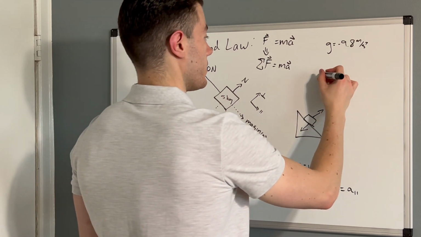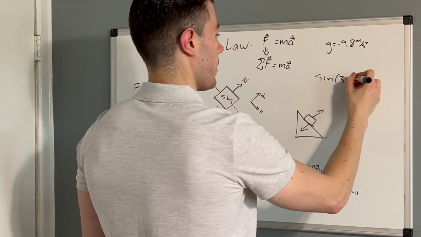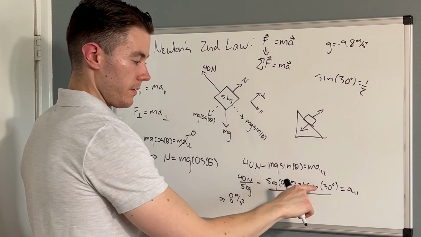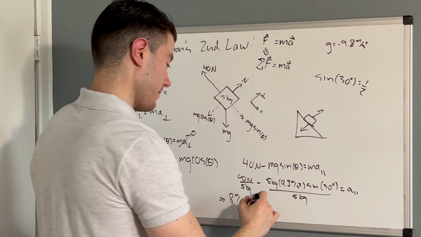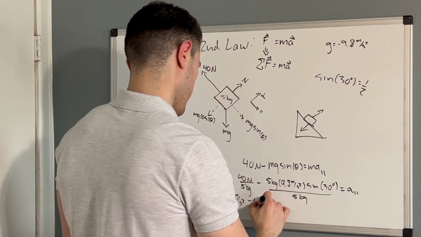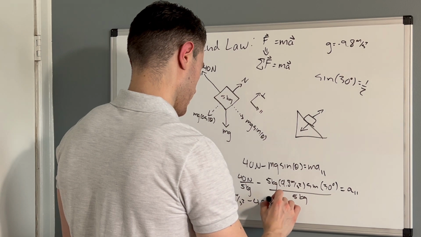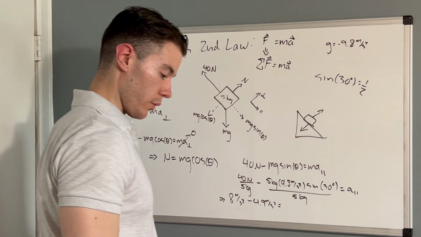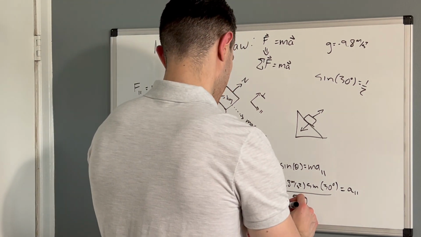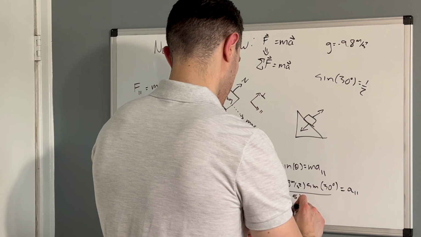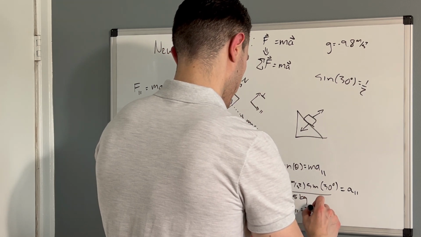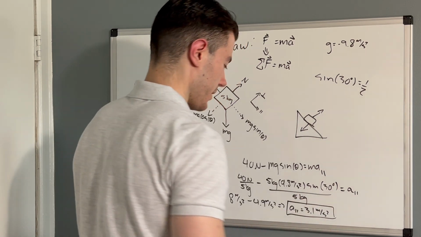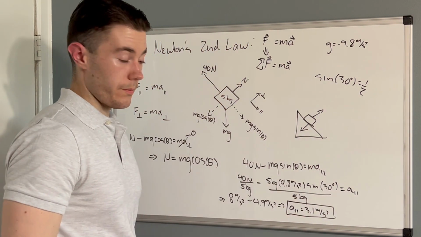Sine of 30 degrees is 1/2. 9.8 times 1/2 is 4.9 meters per second squared. 8 minus 4.9 is 3.1 meters per second squared. The box accelerates up the incline at 3.1 meters per second squared.